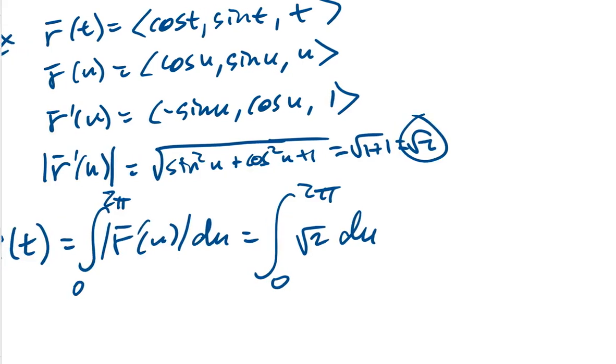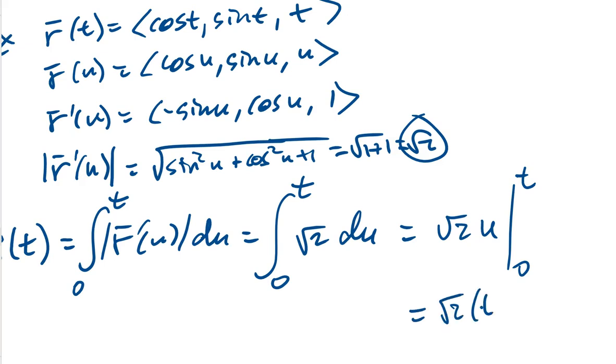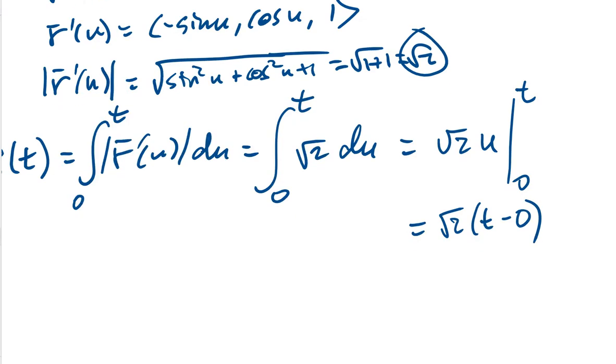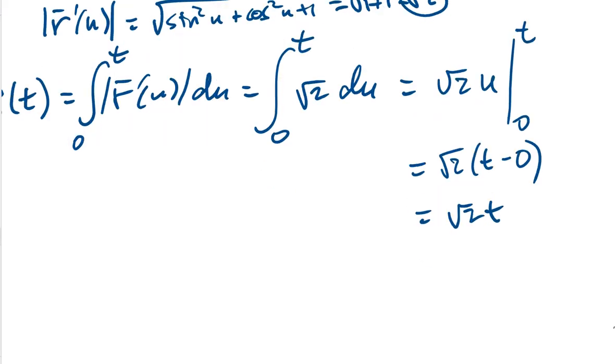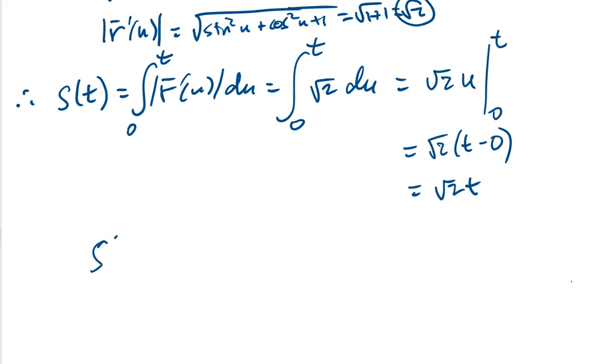Now, when you do the math here, well, no, let's do t, actually. That's the arc length function, and then I'll do 2 pi in a second. When you do the math, it's going to be square root of 2 u, because the integral of du is u, from 0 to t, which gives square root of 2 times t minus 0, which gives square root of 2t. So the arc length function is s of t equals square root of 2t for this helix.